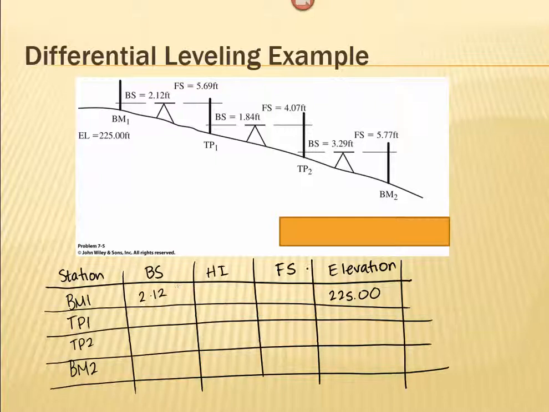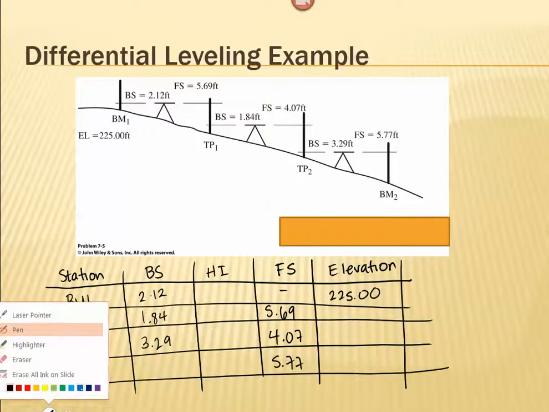My first foresight, there's not going to be anything. The first height of my instrument I can calculate. Then I have 1.84, 3.29, and that's it. My foresights, in this order, are 5.69, 4.07, and 5.77.